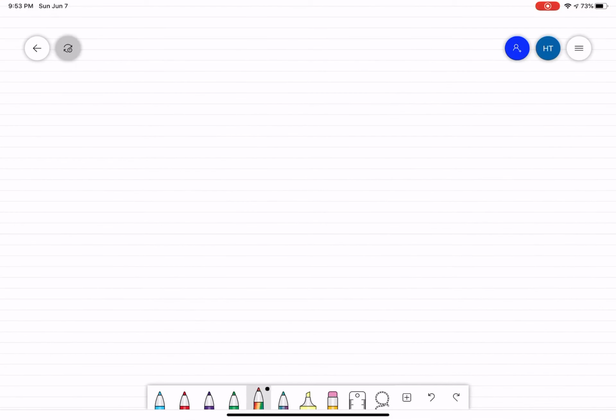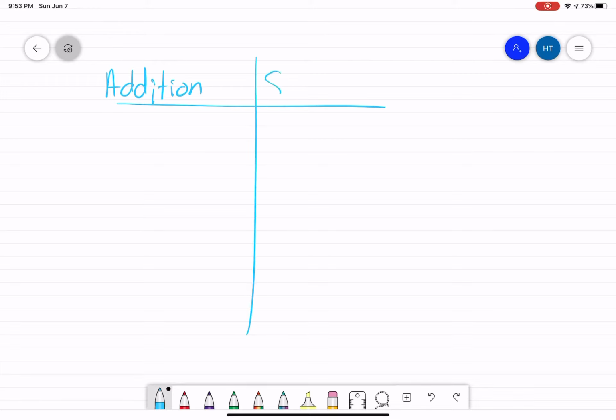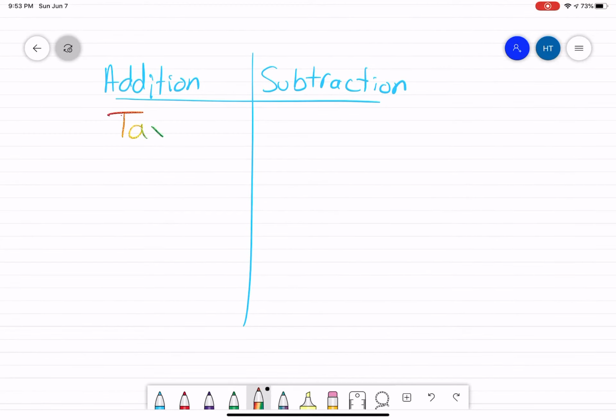So we have tax. Actually, you know what? Even better. Let's try and refresh. What uses addition versus what uses subtraction? I know that tax and tip are things I have to do in addition, right?